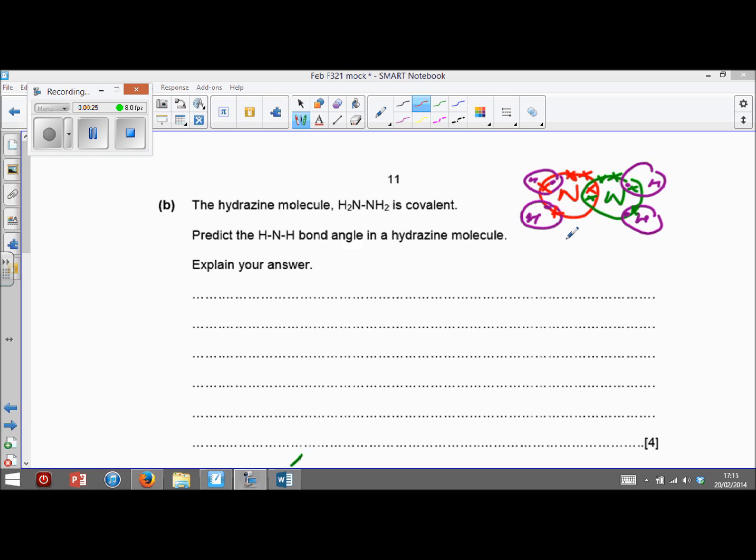So this is hydrazine, but what it's interested in is just the NH2 bond angles. If you notice, every nitrogen has got 1, 2, 3 bonding pairs and 1 lone pair.